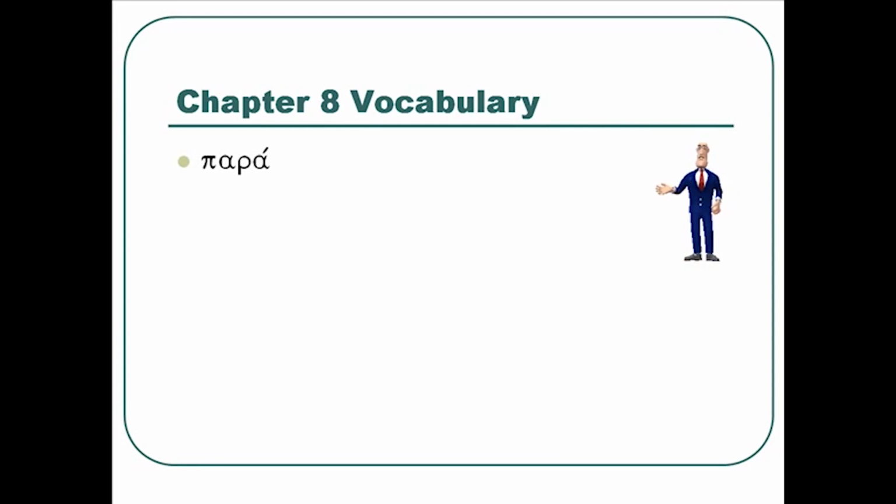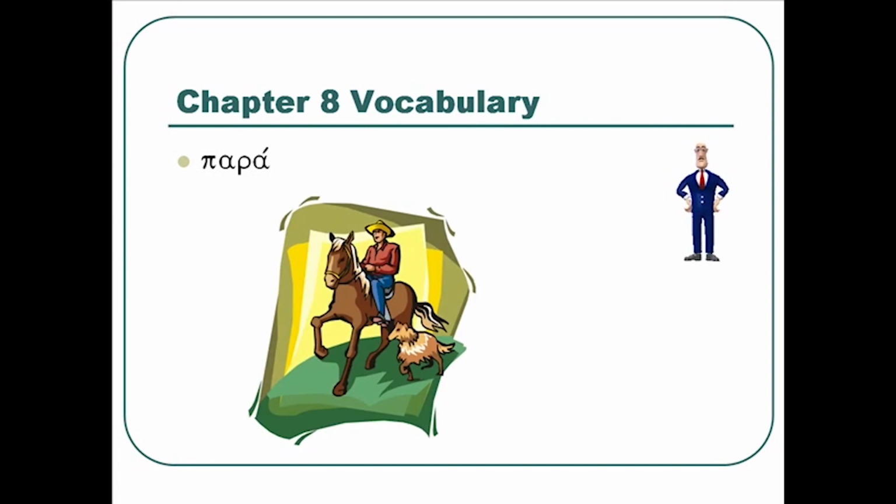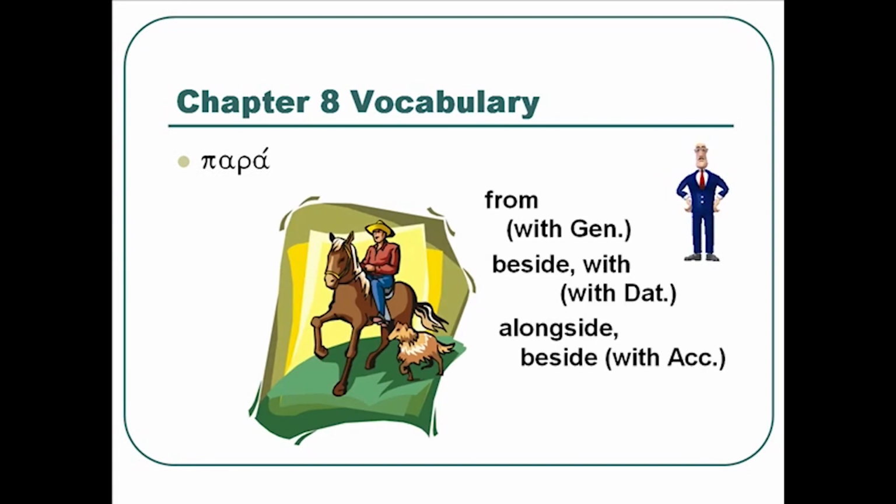The eighth word is para, and it means from with the genitive, beside with the dative, and alongside or beside with the accusative.